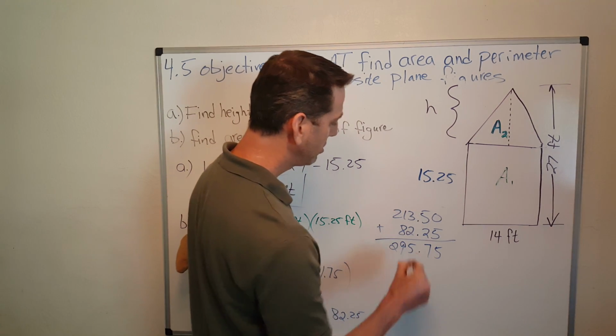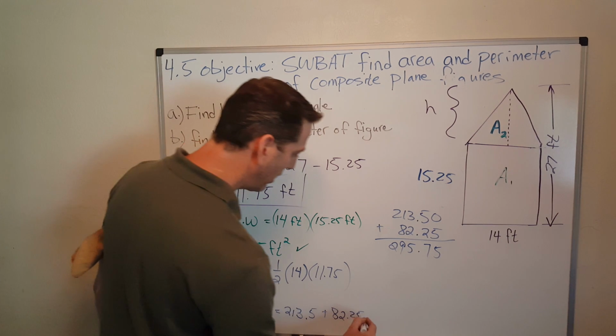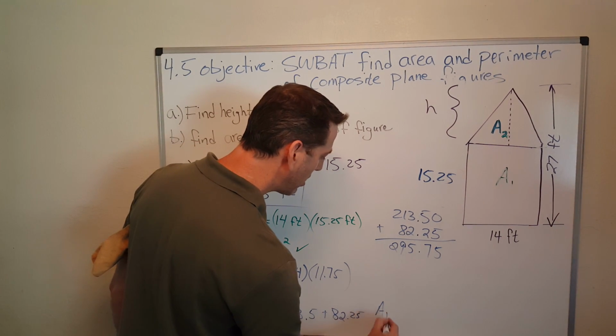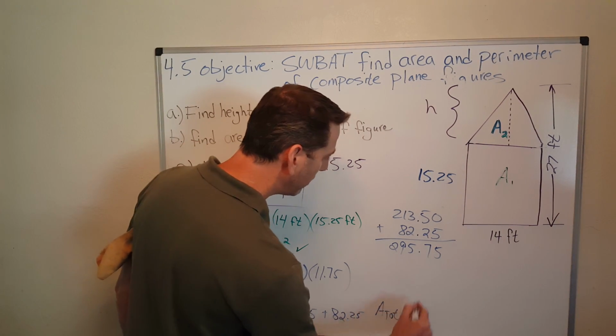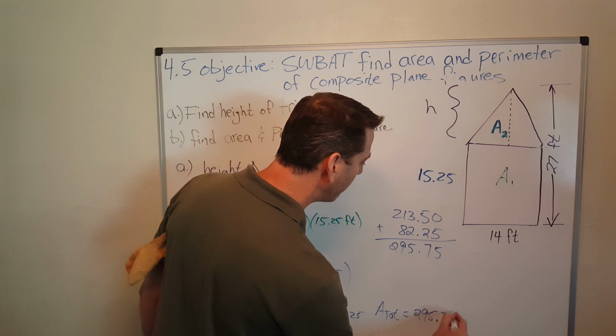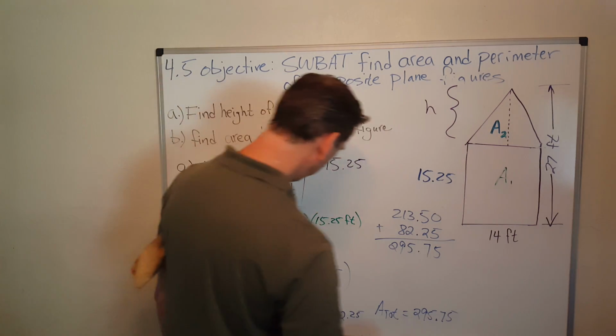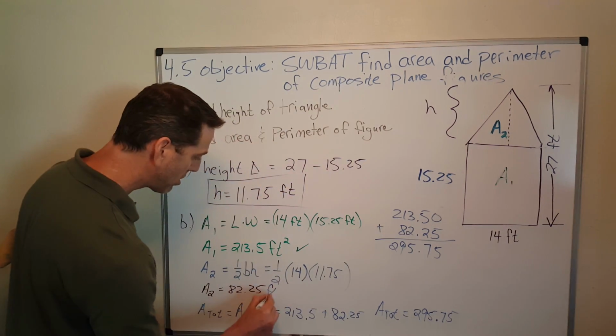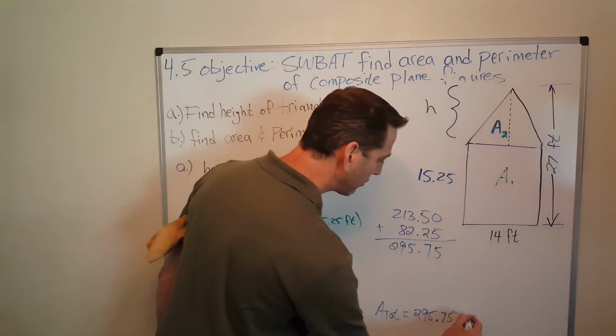Then 9, 2. So my area total is 295.75 square feet.